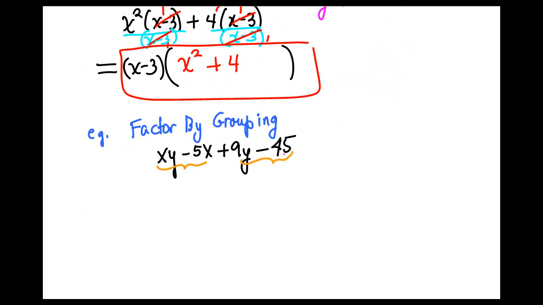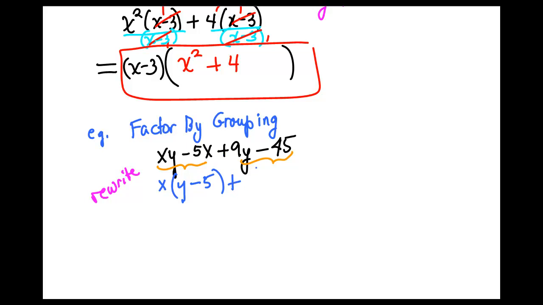We are doing a rewrite, and we're going to write it after we factor from both of the pairs. For the first one, the greatest common factor is x. And when I divide xy by x, I'm just left with a y. Negative 5x by x, a negative 5. And it's just a rewrite because I have this plus between it.